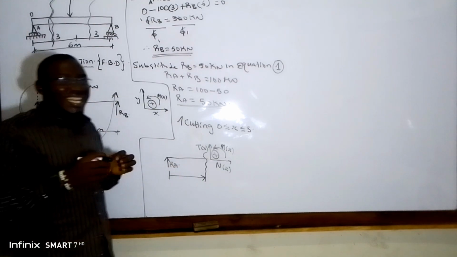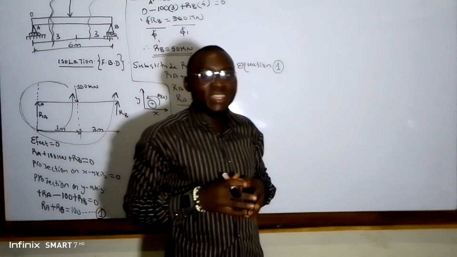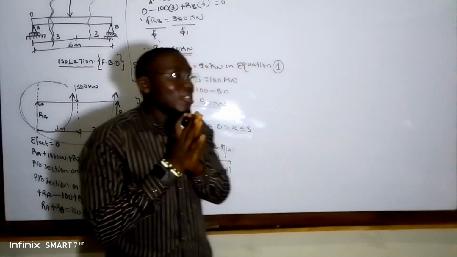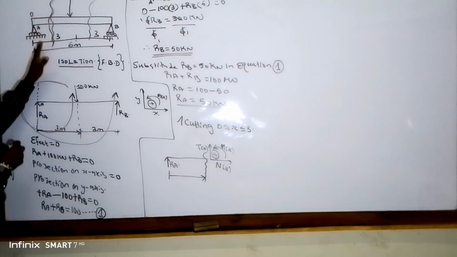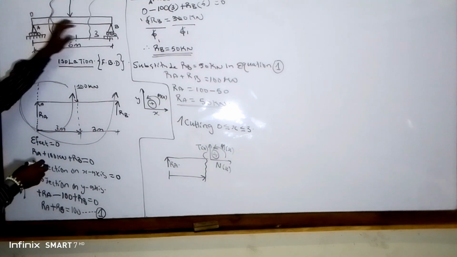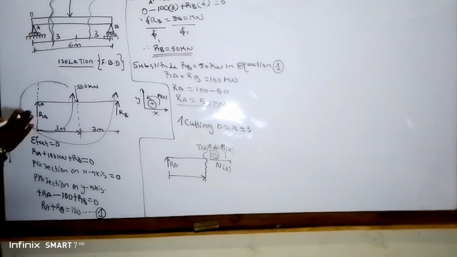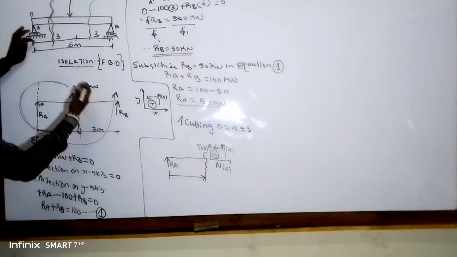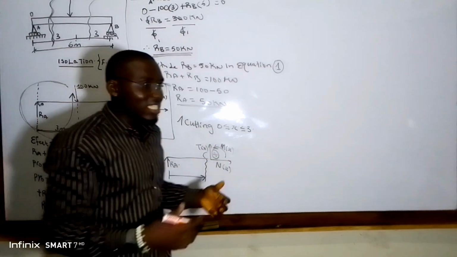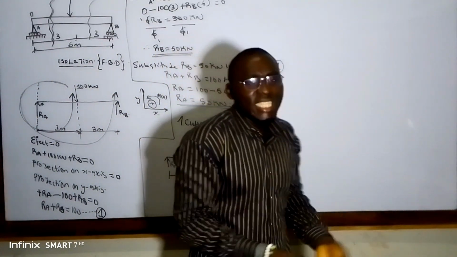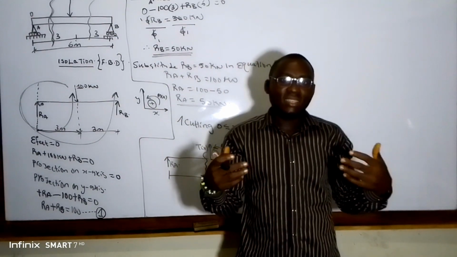Guys, there's a critical reasoning at this point. So please pay attention. If we cut anywhere along this beam in this our first cutting, we cannot say that we have cut a certain specific distance 1.5, a certain specific distance 1 meter, a certain specific distance 2 meters, right?